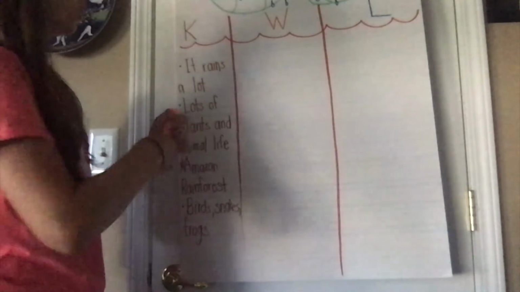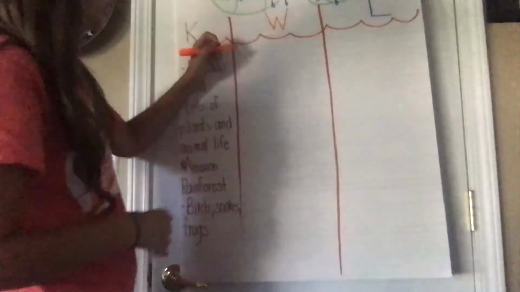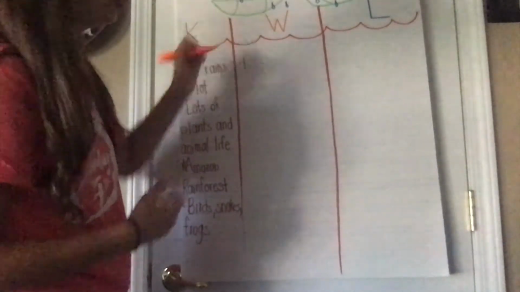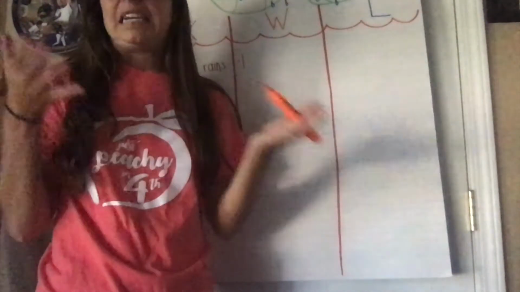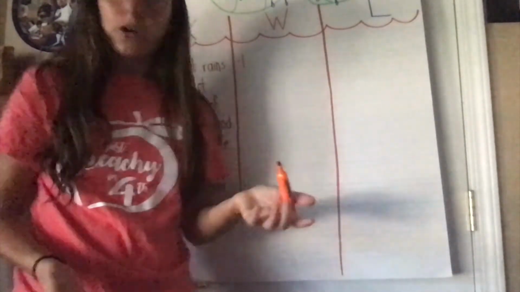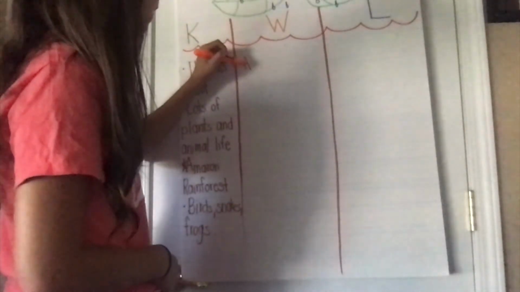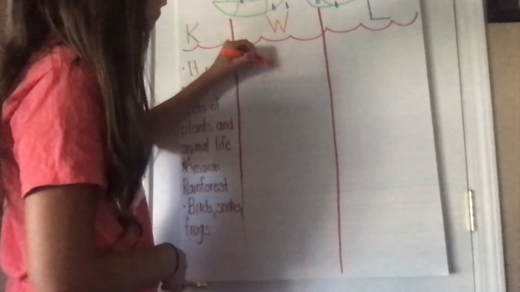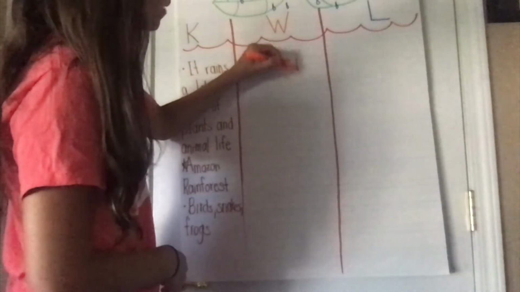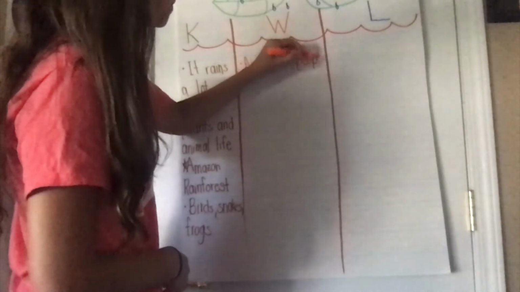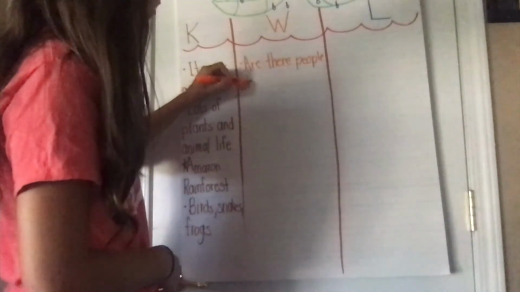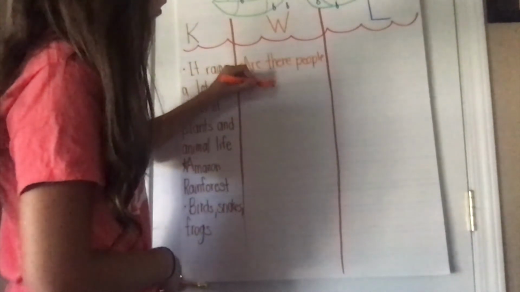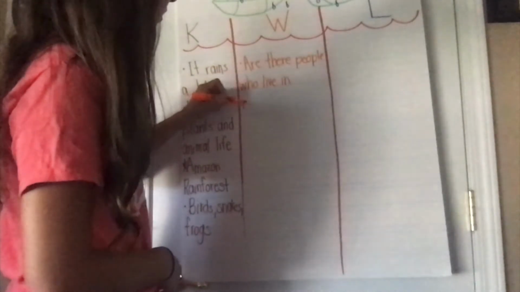So now we can do the W column, which is what I want to learn. So something I want to learn is, do people live near or in these rainforests? Are there people who live in rainforests?